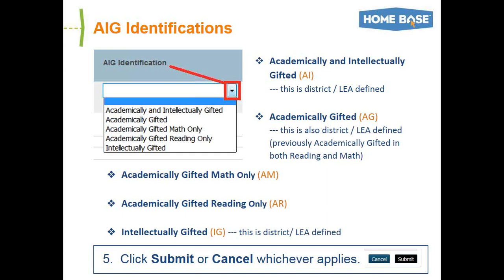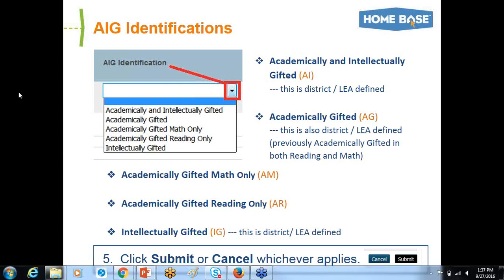So it will now just appear as AG. It won't automatically have reading and math in parentheses, because we know that you may have changed or be using it differently. Your final 3 are academically gifted math only, academically gifted reading only, and intellectually gifted. The last one again is LEA district defined. Once you've chosen your identification, you'll click cancel or submit, whichever one applies.